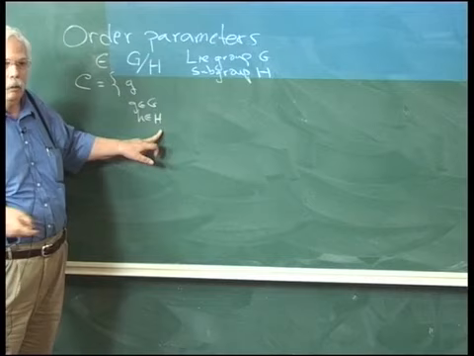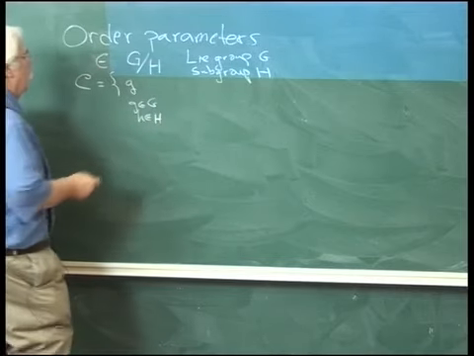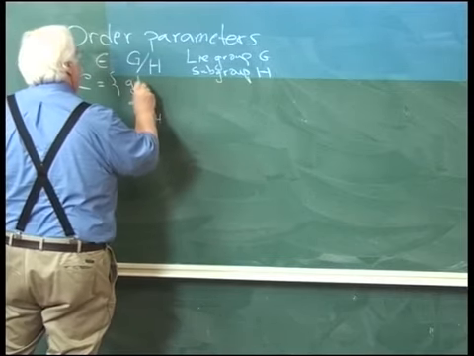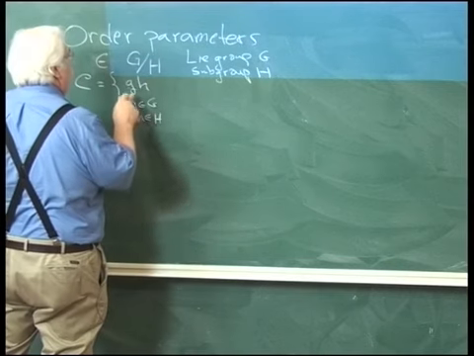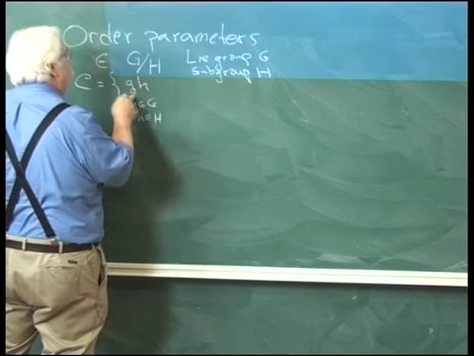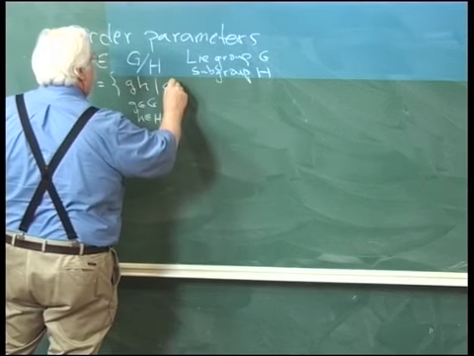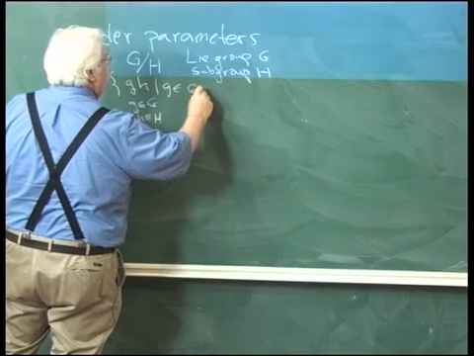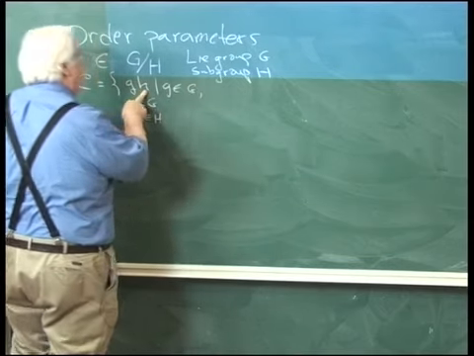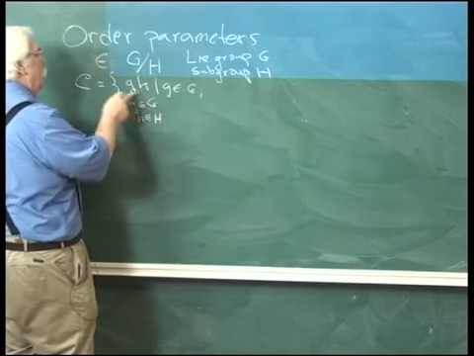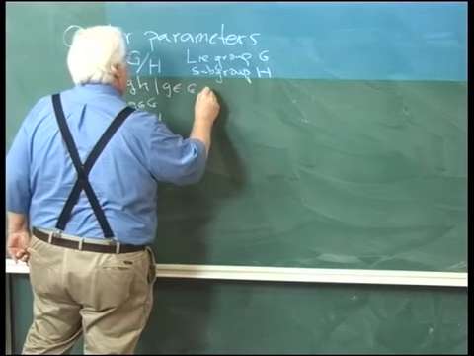Let's go back to Wigner in the 30s. So this is a space where G, the group, acting on H, the subgroup, is the orbit of points in the subgroup under the action of the group.